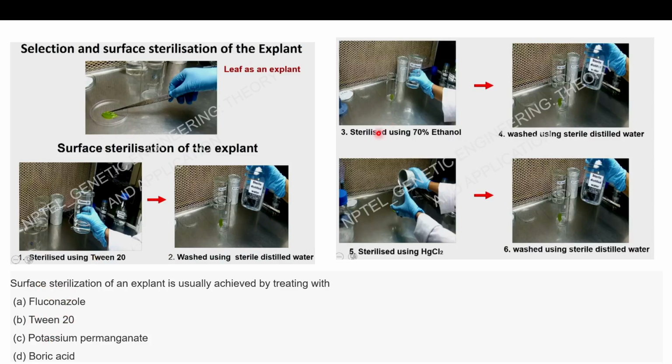What is done next is sterilization using 70% ethanol. If you have worked in laboratories or for your practicals, you might have seen the usage of 70% ethanol a lot. Why 70%? Why not 100%?